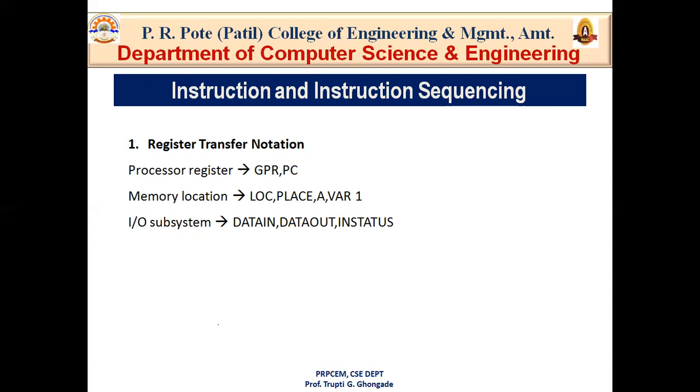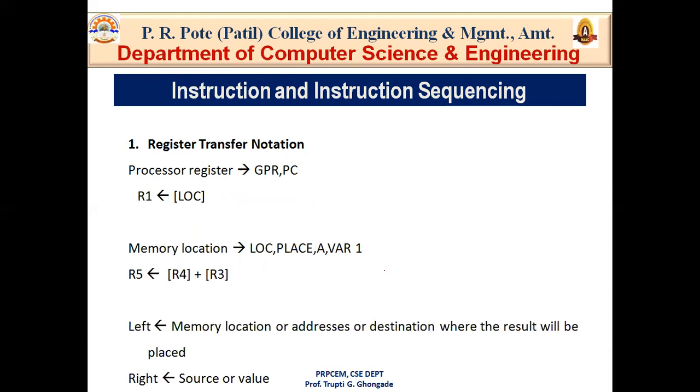That means when we are writing an assembly level language program, we are using forms like GPR, PC, or this syntax to write the register transfer notation. So processor registers, which I have discussed before: GPR, PC. And what are the memory locations?